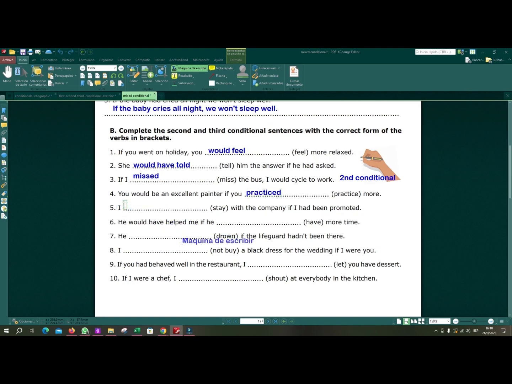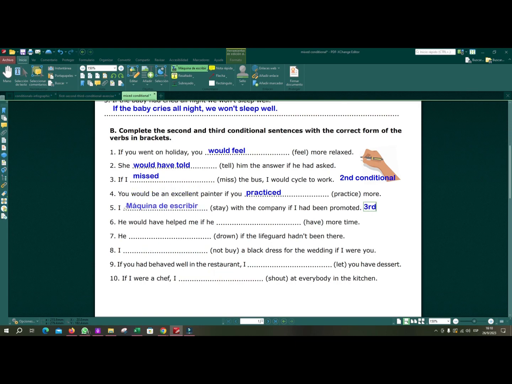What about 5? I stayed with the company if I had been promoted. I guess that is third conditional also. Mr. Mario, which could be that? Third conditional. No, that is third conditional.